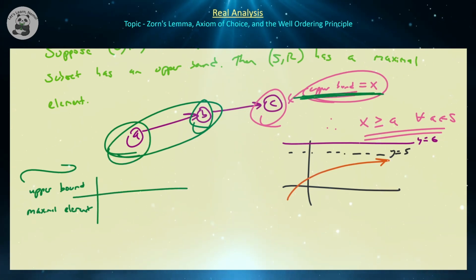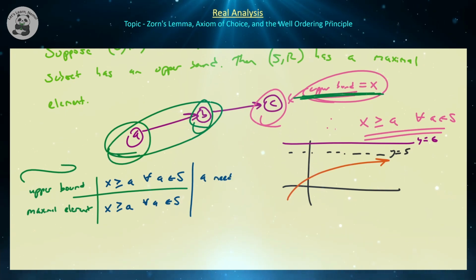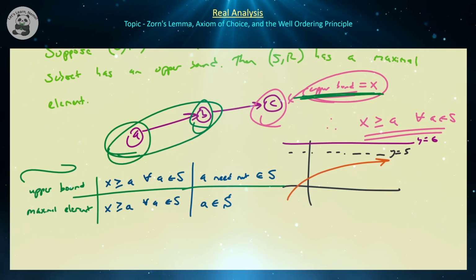So upper bound requires that X must be greater than or equal to A for all A in S, and maximal element also requires that X is greater than or equal to A for all A in S, but X need not belong to S in the upper bound case, and in this case, X must belong to S. So that's the distinguishing characteristic between upper bound and maximal element. Some people will also call maximal element the maximum of that set, right?